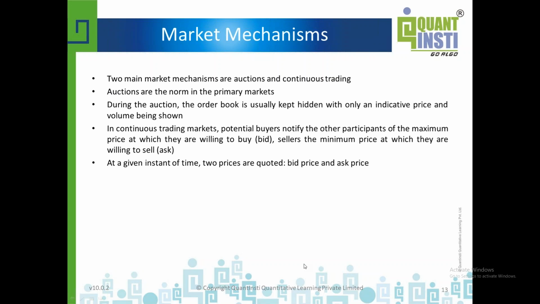Example of an exchange that works on an auction, so in a secondary market. All these exchanges, NSE or BSE or any other exchanges in different countries, they're mostly secondary markets. So they can buy and sell in the secondary market with the help of that exchange.